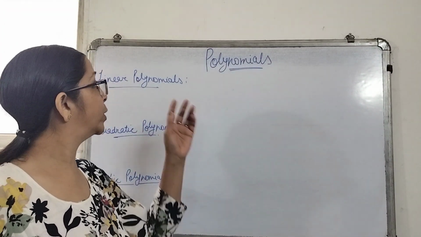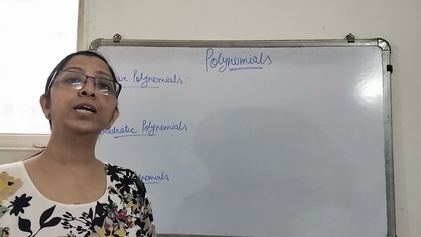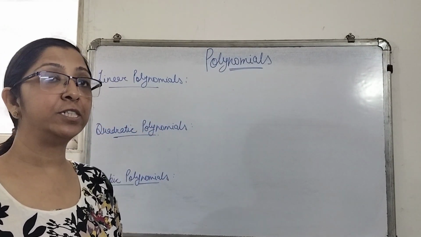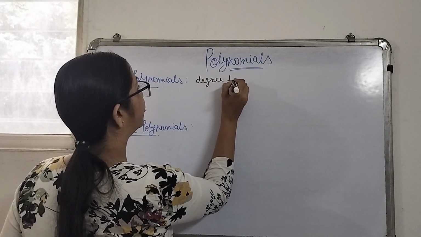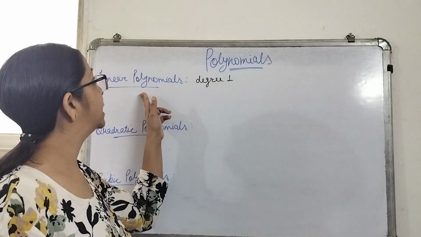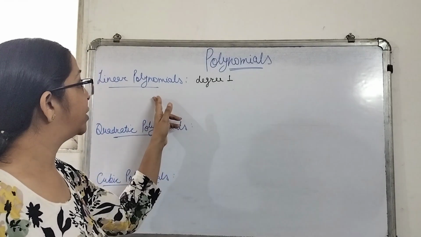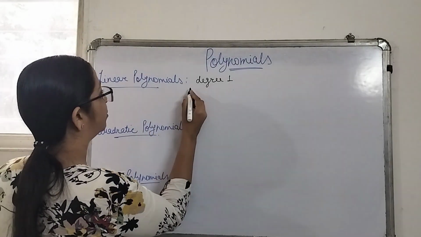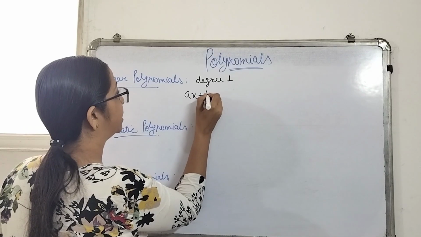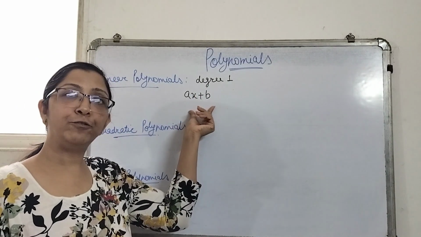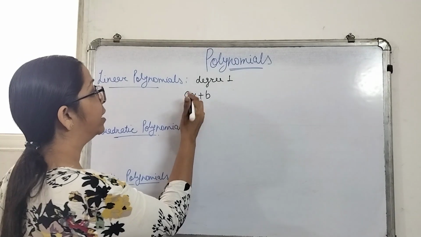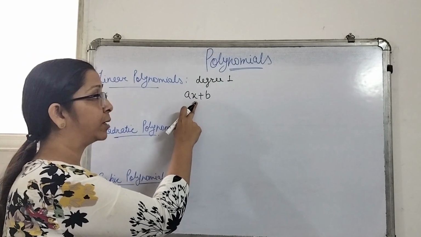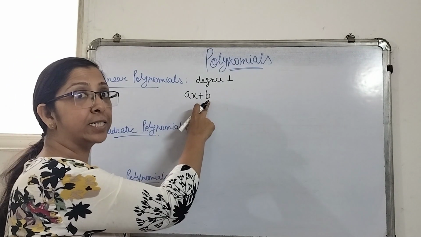Now let's see what linear polynomials are. Linear polynomials are the polynomials whose degree is 1. The general form of a linear polynomial is ax plus b. Here x is the variable, a is the coefficient of the variable, and b is the constant number.